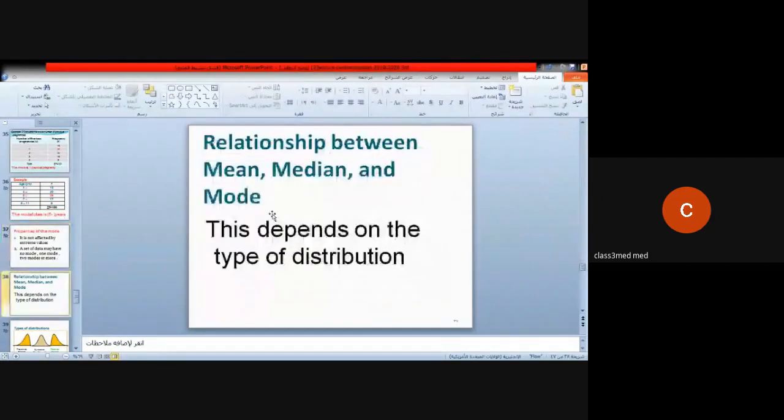Now, what is the relationship between the 3 measures of central location? It depends on the type of distribution.